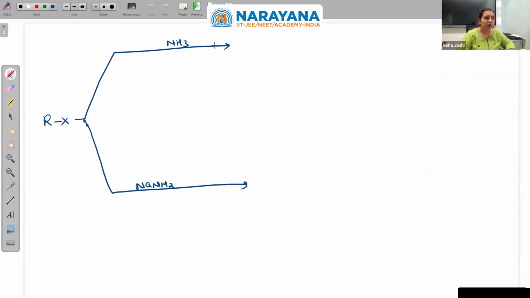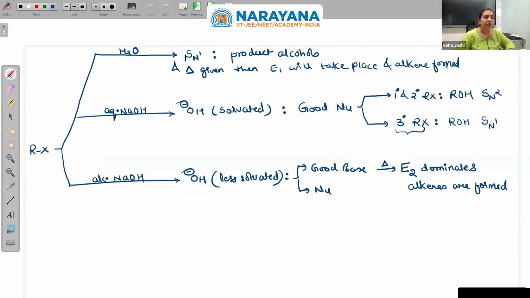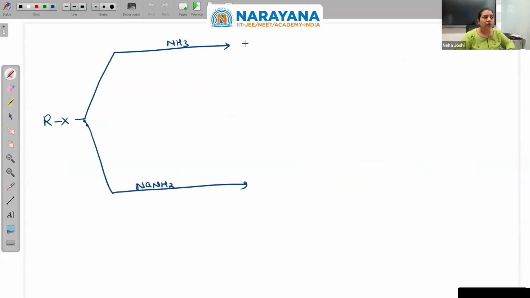Right, as compared to water, this is a better nucleophile. So here, when I was having SN1, ammonia being a better nucleophile, we primarily observe SN2, but not for all. SN2, I will say, dominating for 1 degree and 2 degree alkyl halides.